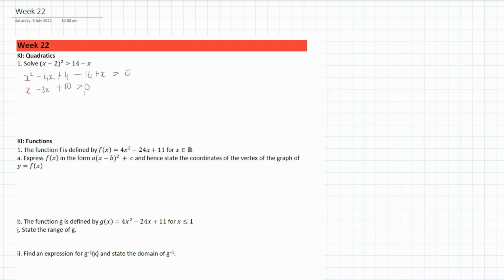So I need to now factorize, so this will be (x minus 5)(x plus 2) greater than 0, and if we just do a quick sketch, we've got a root here at 5, and we've got a root at minus 2, and we want greater than 0, so we want here and here. So x is either less than minus 3 or x is greater than 5.